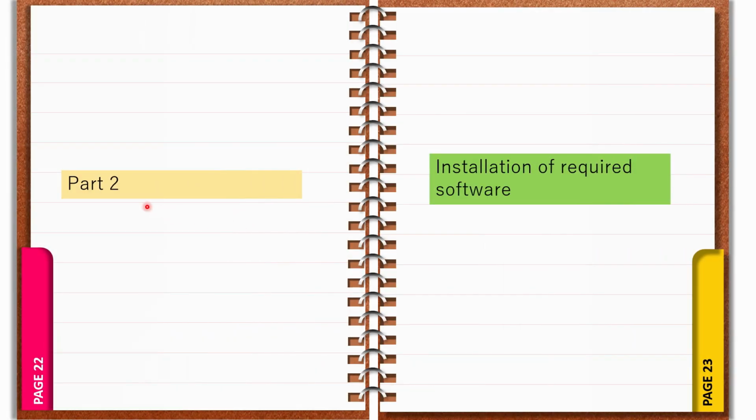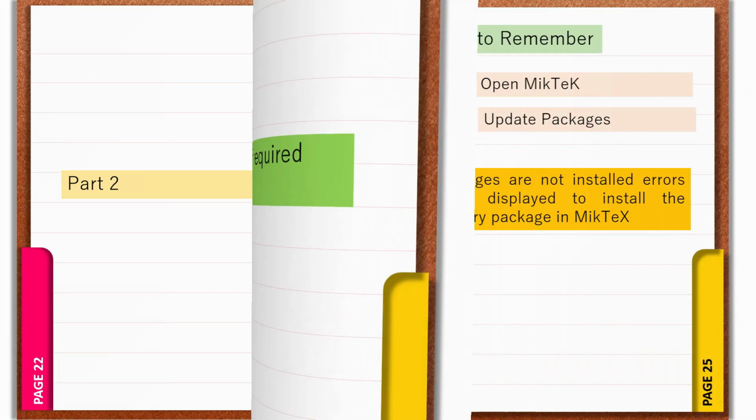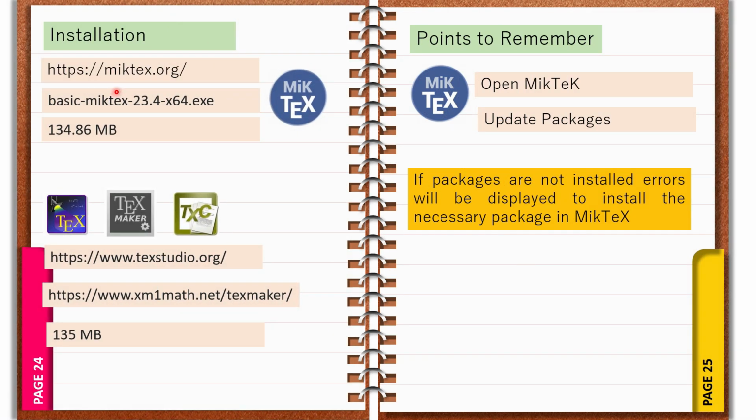So now let us consider the procedure for installation of the software. Here we are going to install two software that are necessary to produce professional documentation. The first one is MikTeX. Go to this website and download the Windows version of MikTeX if you are using a Windows laptop.